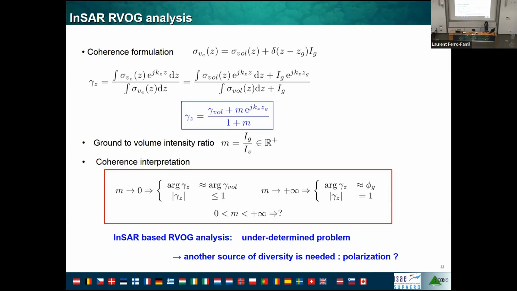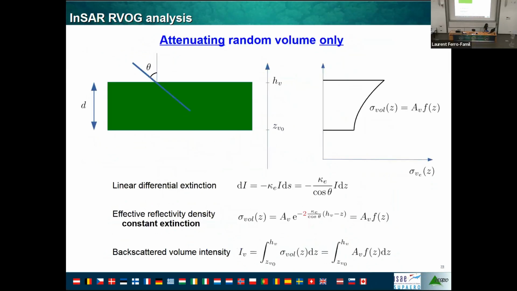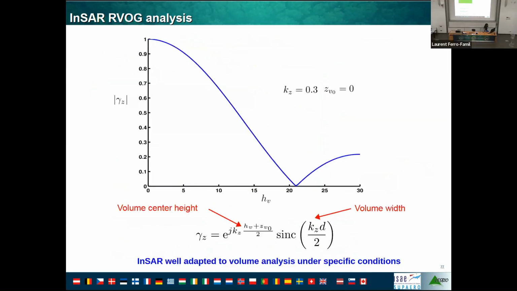And another way would be to not only look at one interferometric phase, but look at many, with different baselines. Why? Because if I go back here, you see the sinc is a function of the height of the forest, or the depth of the volume, but also of the wave number. Changing the depth or changing the wave number has exactly the same effect on the coherence.